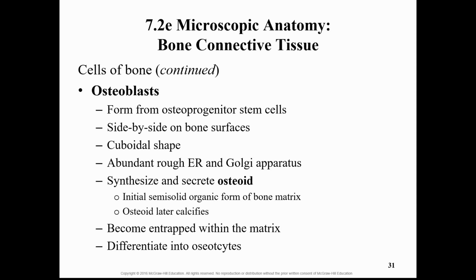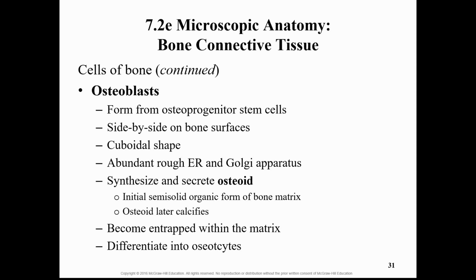Osteoblasts are a type of cell that synthesizes and secretes osteoid. Osteoid is the organic part of the bone matrix, and it will later calcify. The osteoblasts, as they are producing the osteoid, are causing bones to grow. They literally kind of paint themselves into a corner, and they become trapped in the osteoid that they have secreted.